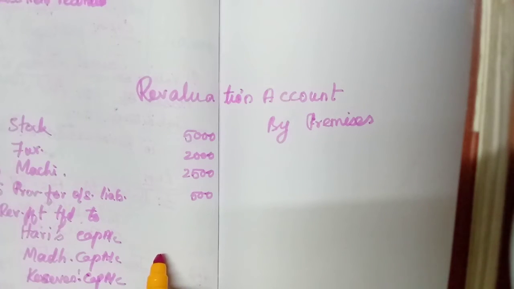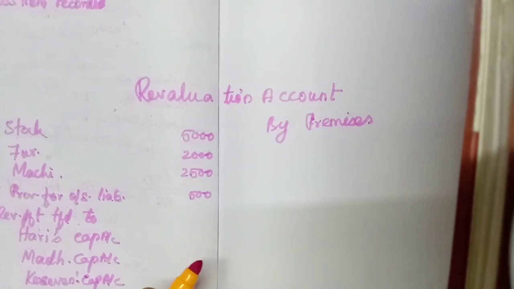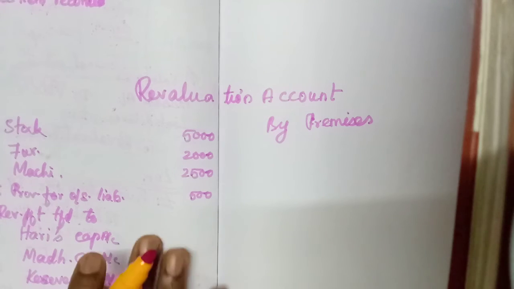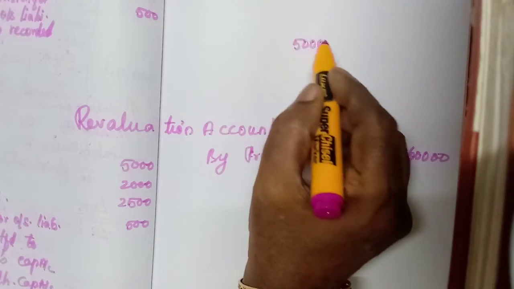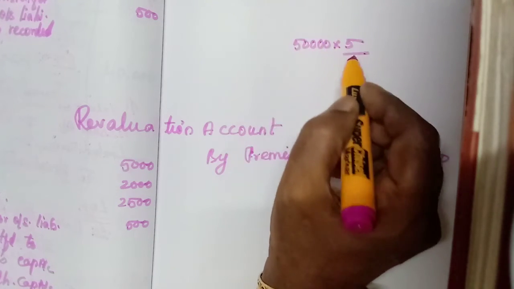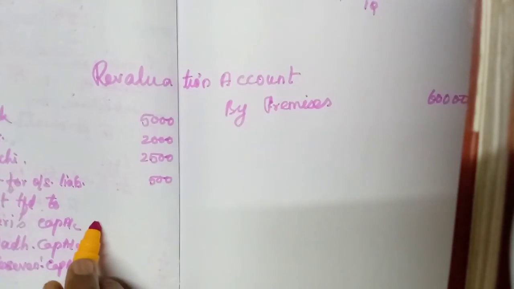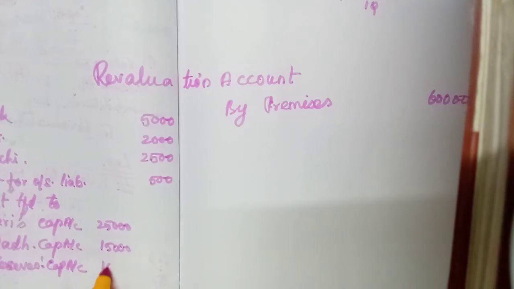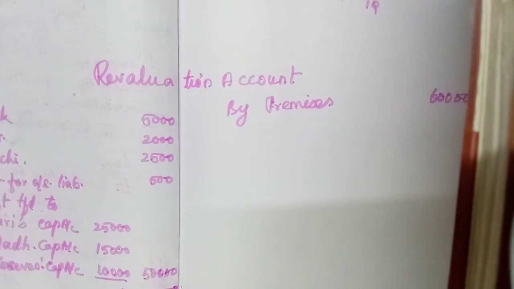Now 50,000 in which ratio? 5:3:2. There also 10 is coming, isn't it? So total 10. So how can we calculate it? 50,000 into 5/10, so 5,000 into 5, 25,000. 5,000 into 3, 15,000. 5,000 into 2, 10,000. So we get 50,000 right here.